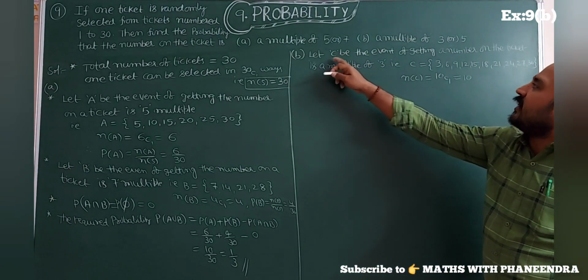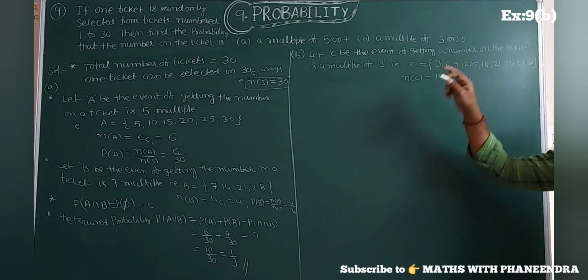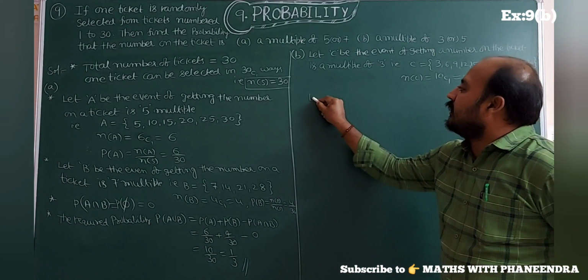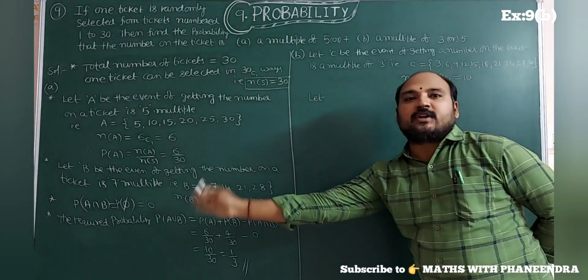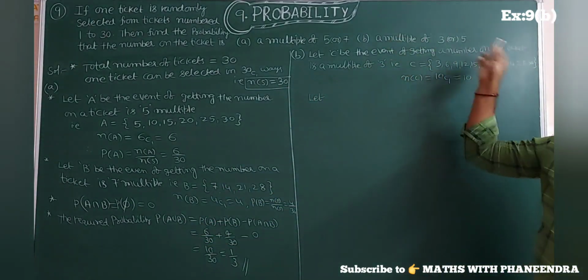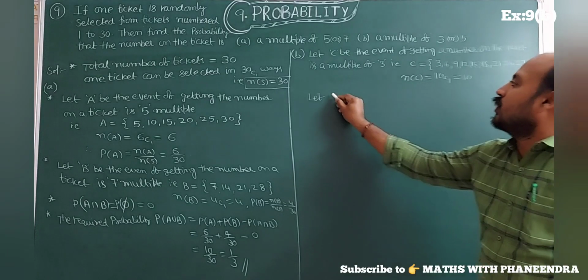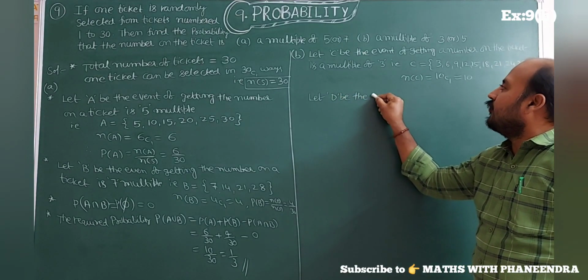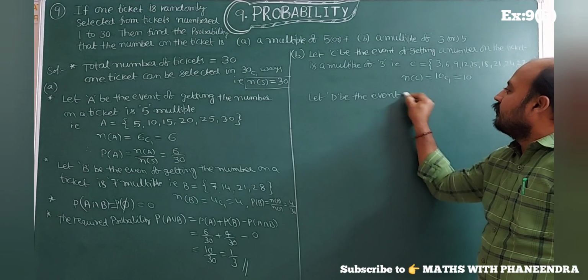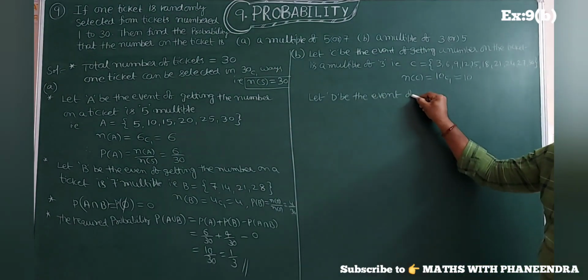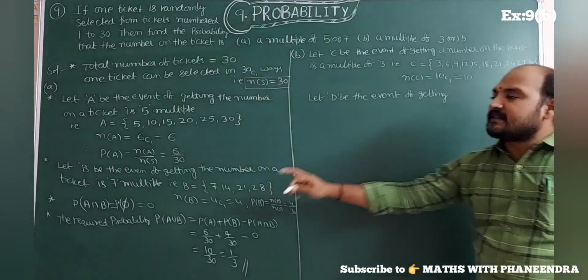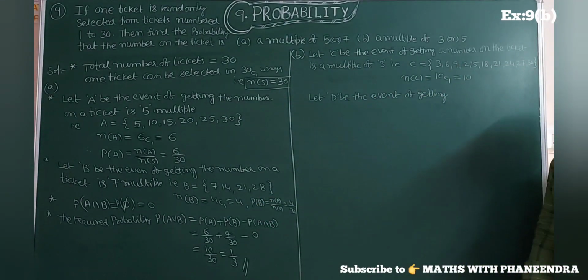Similarly, next let D be the event of getting a multiple of 5. This is the second question, both separate. So let D be the event of getting a number on the ticket is a multiple of 5. Possibilities will get same, but we need to write like this only.